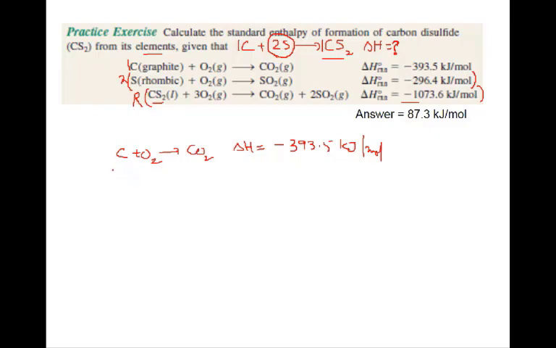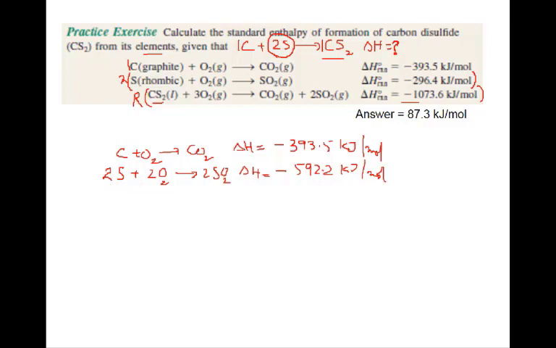Equation 2 is multiplied by 2, so it becomes 2 sulfur plus 2 oxygen changes to 2 sulfur dioxide, and because this is multiplied by 2, delta H will be 2 times minus 296.1, which is minus 592.2 kilojoule per mole.